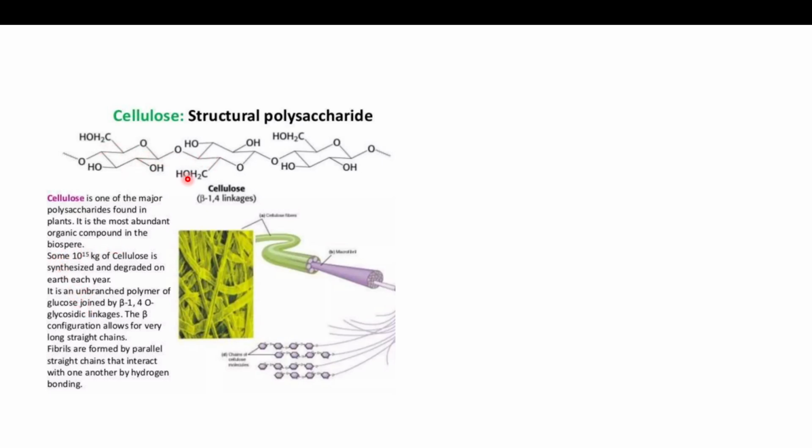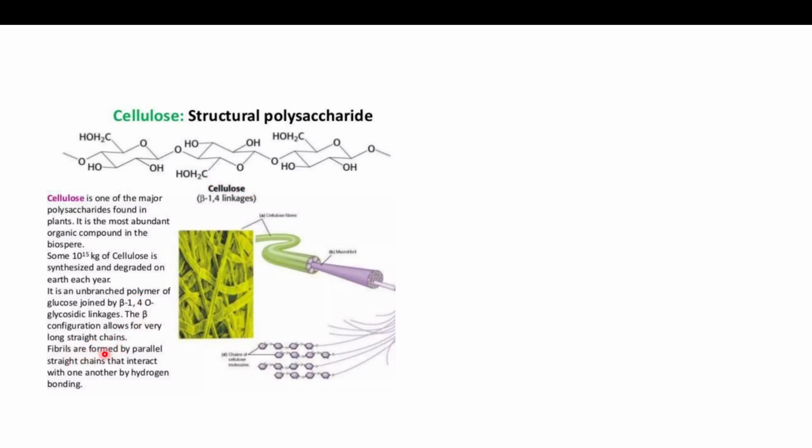And if we look at cellulose, it is an unbranched polymer of glucose, joined by beta 1,4 glycosidic linkage: carbon 1 from the first molecule and the fourth carbon from the second molecule are joined via dehydration, where an H2O molecule is given off and this glycosidic linkage is formed. And this type of linkage helps in forming really long straight chains.